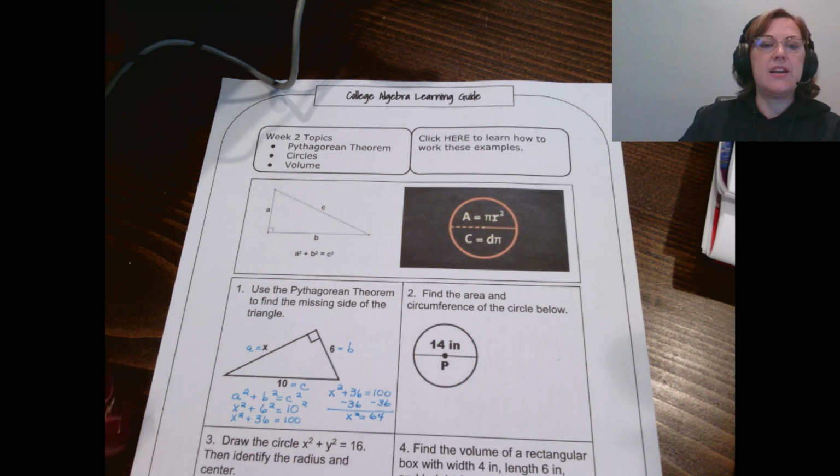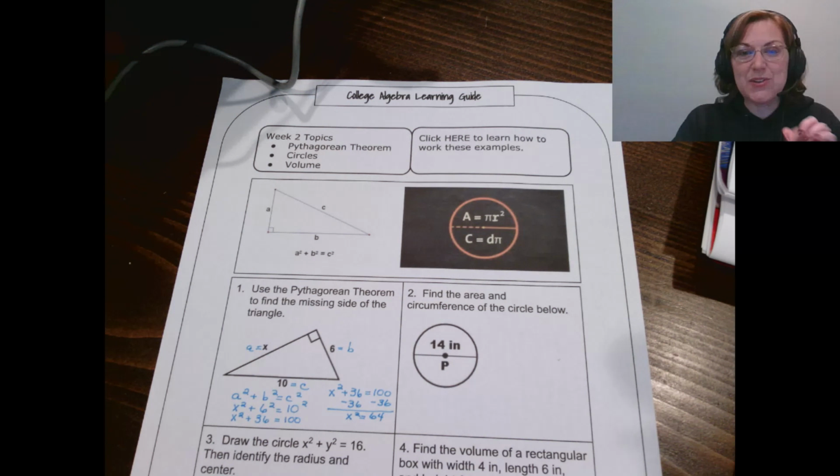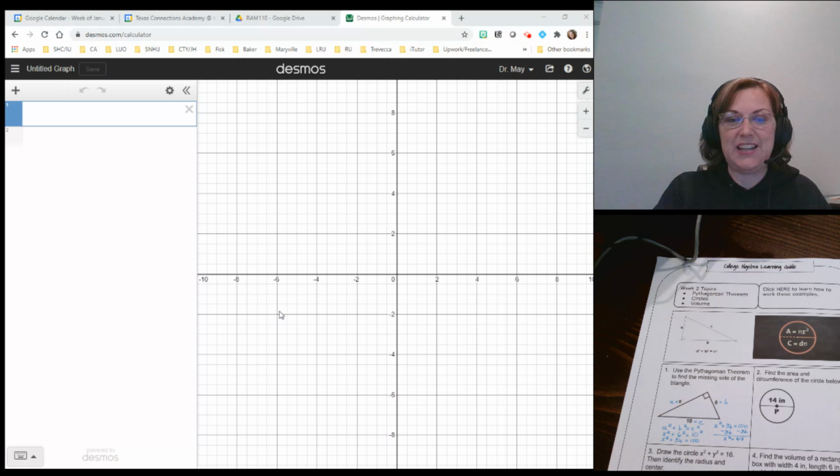Now, if you're using Desmos, which is the one I'm using most often in our course because it's free and you have access to it on the internet, I'm going to switch over so you can see my Desmos calculator as I type in square root of 64 to make the calculator tell me what that value is.